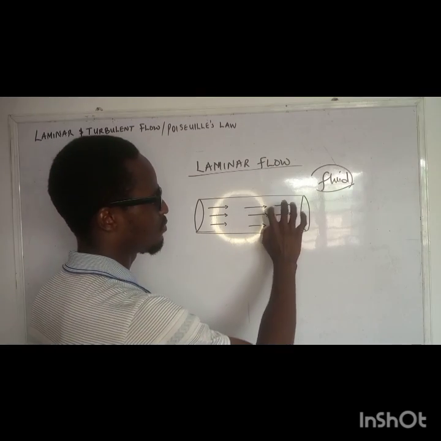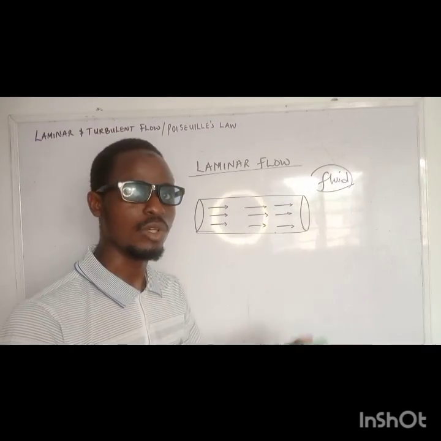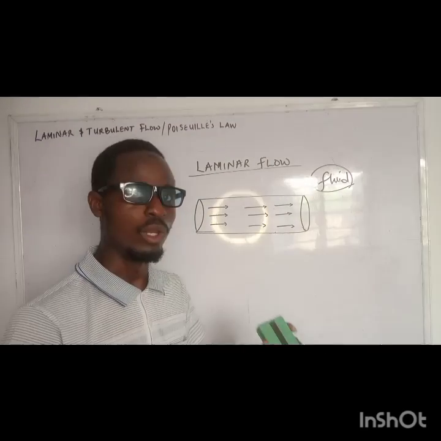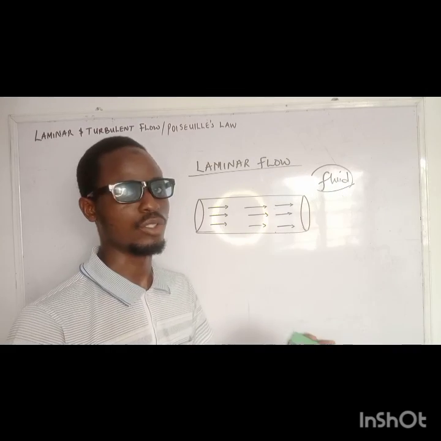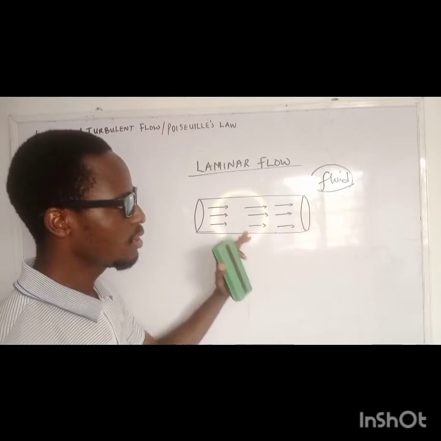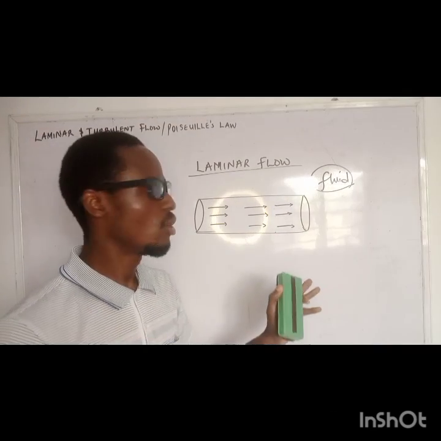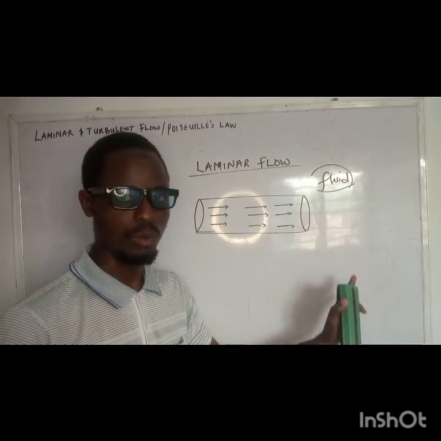So the velocity of each layer of the liquid, each particle of the fluid, moves slowly and uniformly, and the direction is uniform. So now this is laminar flow. Laminar flow obeys Poiseuille's law, or you call it Poiseuille's equation.